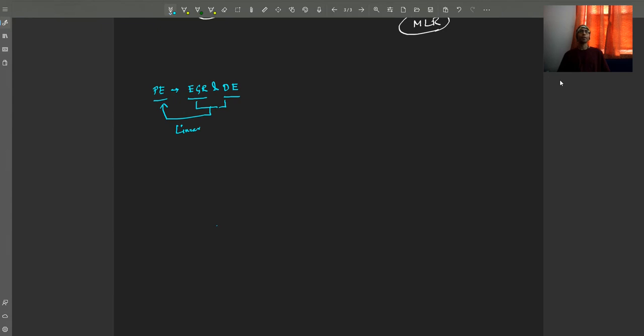So the equation is like this. Let's say PE is equal to 5.1 plus 57.6 multiplied by EGR minus 31.8 multiplied by debt to equity ratio. So this is our equation, friends.